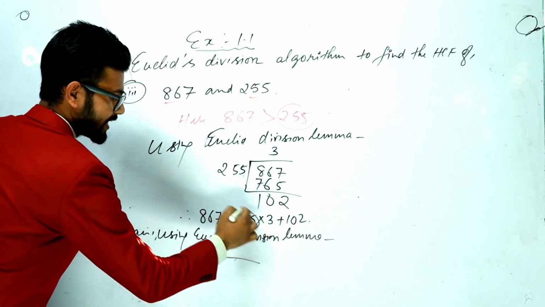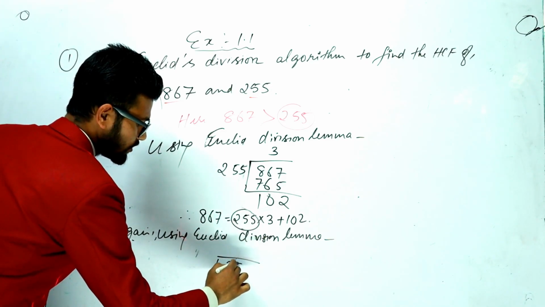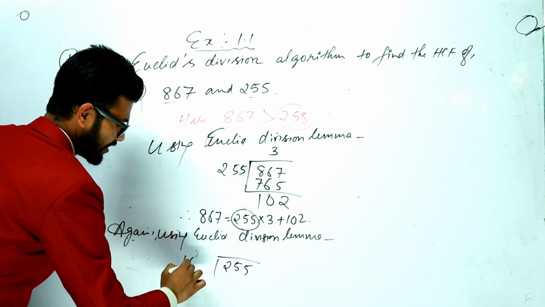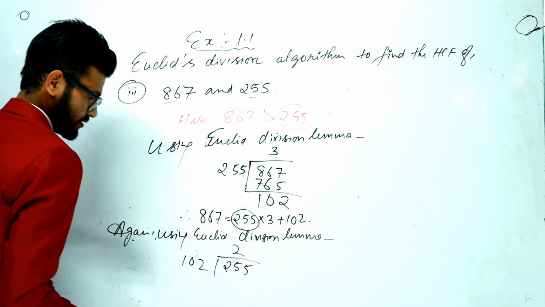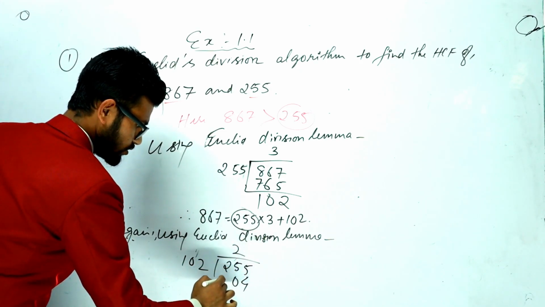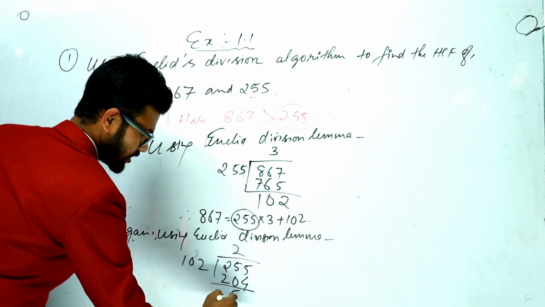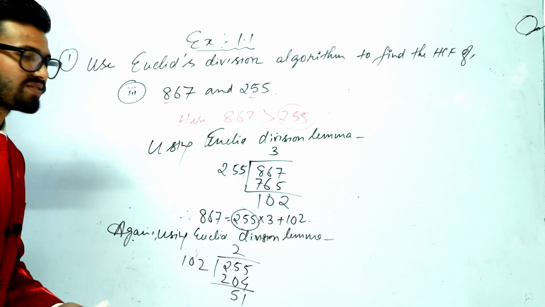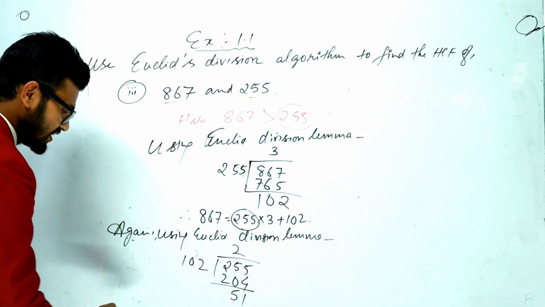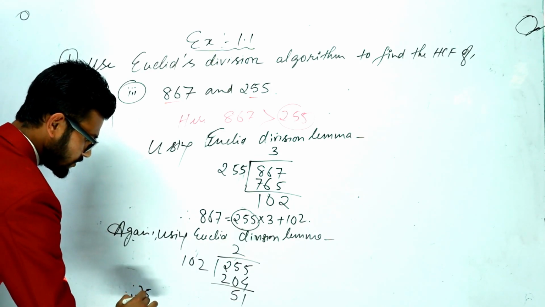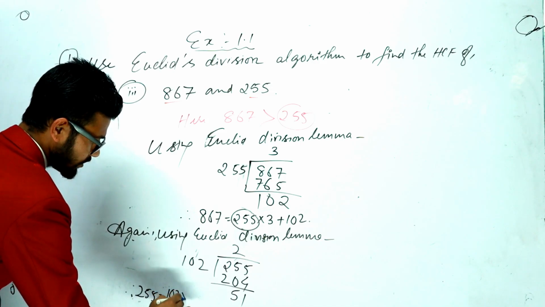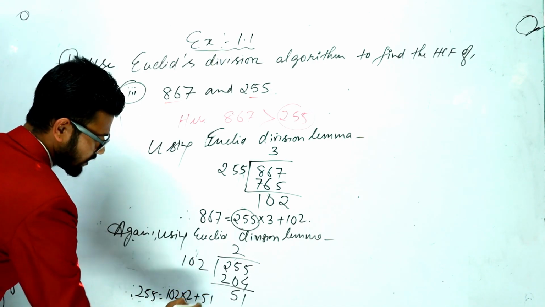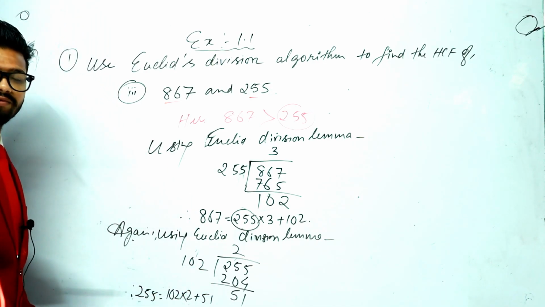Now this number will be acting as a dividend here. 255 divided by 102. 102 twos are 204, and the remainder is 51. Yet you have not got 0. You have to carry out further steps to get 0. So 255 is equal to 102 into 2 plus 51. Still you have not got 0.